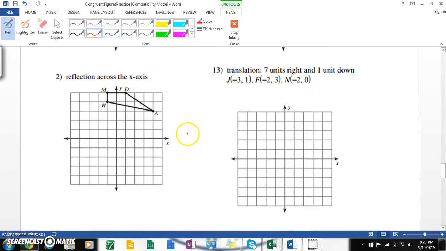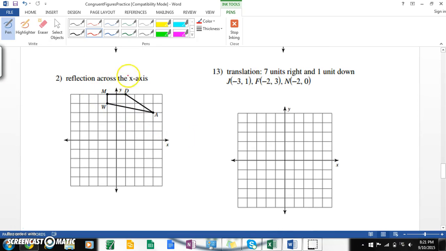I'm going to scoot down to this one down here. Ignore the numbering. Reflections across the x-axis, we've done this. Number 13 gives you what you need to perform the translation, 7 units right, 1 unit down. However, in this example, it gives you the ordered pairs.